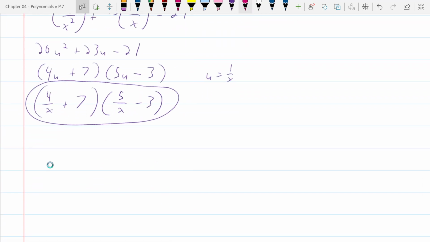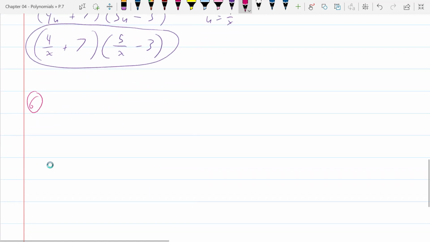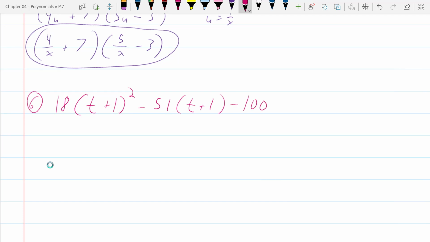Okay. Sometimes we get these ones that are looking a little bit familiar but not quite. So let's try this, where I have an 18 times (t plus 1) squared minus a 51 times (t plus 1) minus 100. This is going to be challenging for a few reasons. First of all, if you step back and kind of blur your eyes a little bit, you may see that I have something squared as the leading term minus another constant times that something and then minus a constant.